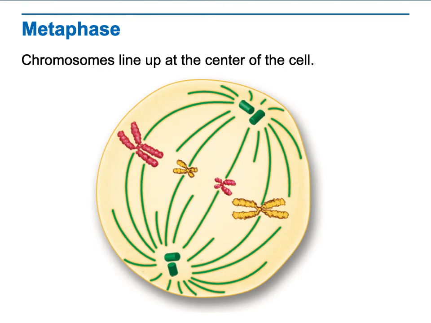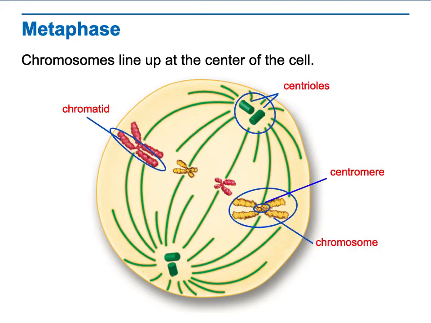Now we have metaphase. During metaphase, the centromeres of each of the duplicated chromosomes line up across the center of the cell. Spindle fibers connect the chromosomes to the two poles of the spindle. The two strands of each chromosome contain identical genetic information, as you can see here.